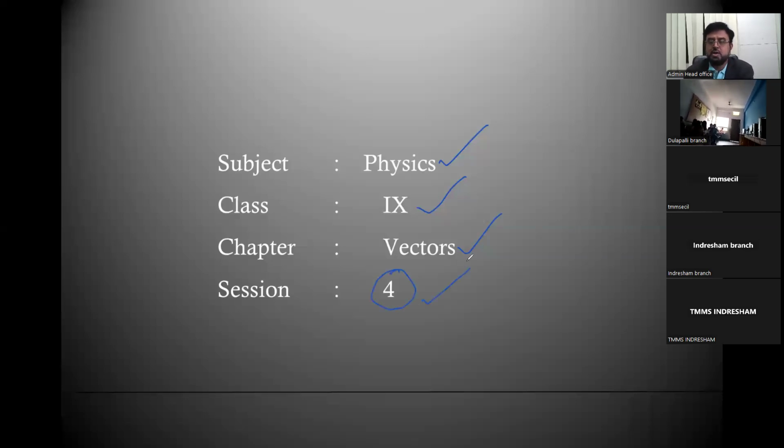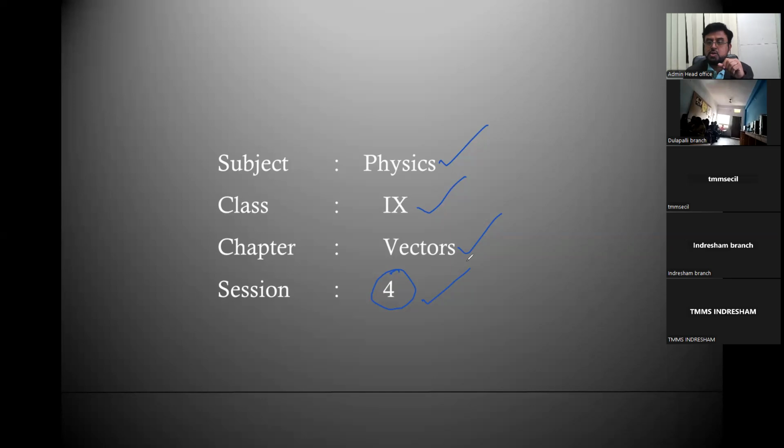So far we discussed 3 classes in understanding vectors and types of vectors, and how vectors are classified from physical quantities, right? What we learned in 3 sessions is, first, on what parameters physical quantities are classified into vectors and scalars.